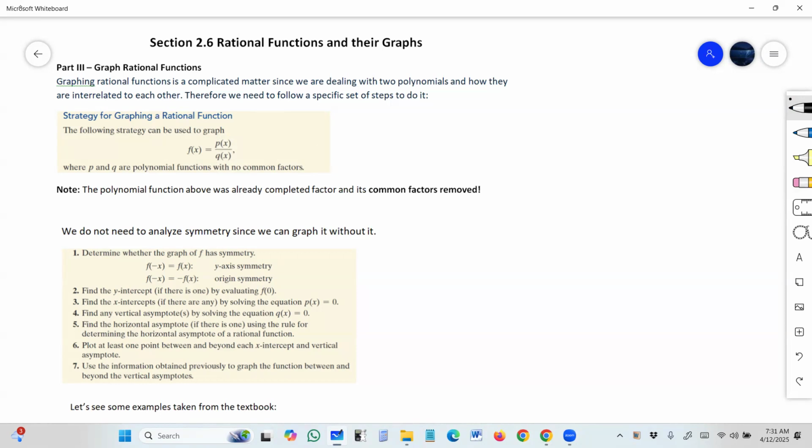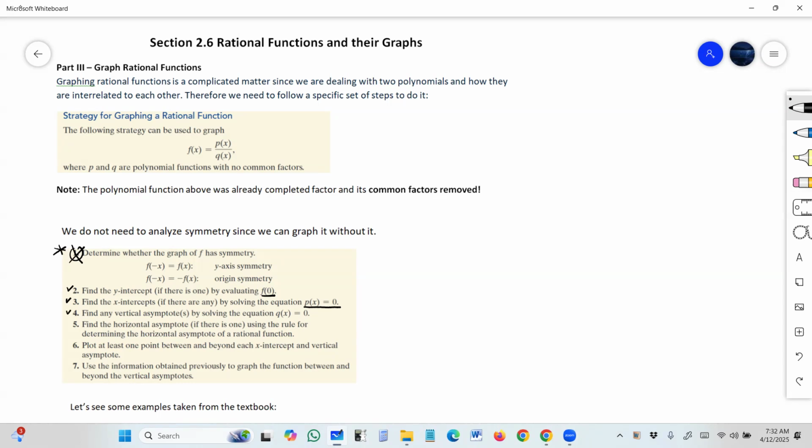The second thing is these are the steps that we need to take in order to graph the rational functions, but we don't need to do the first one. We're going to find the y-intercept first, then the x-intercept. The y-intercept is you're going to find f of 0. We find the x-intercepts by setting the numerator to 0 and solving for x.